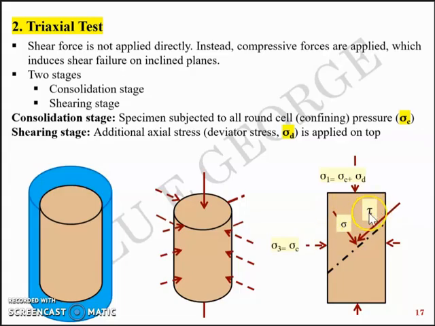So sigma and tau will be functions of sigma 1 and sigma 3, and when it reaches the maximum shear stress it can take, the soil fails along this plane. That is the concept. So nowhere in this test are you applying direct shear. Instead, you are applying just the compressive loads, a combination of which induces failure along the surface.